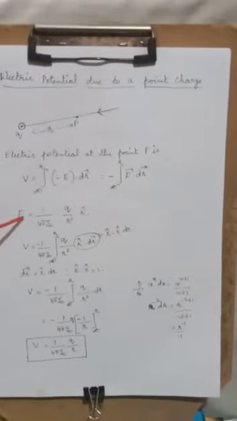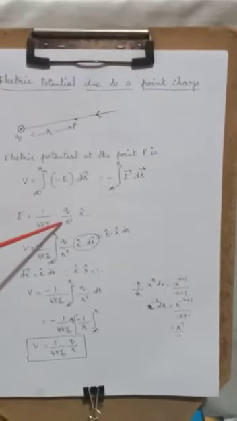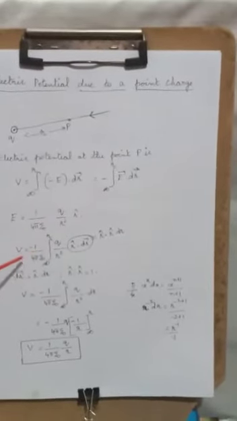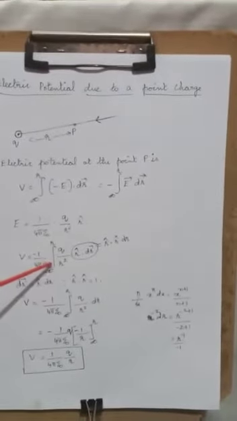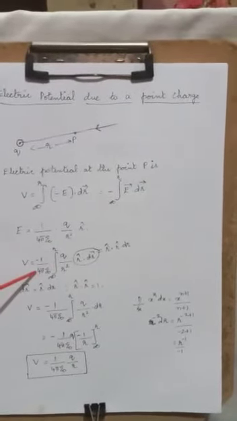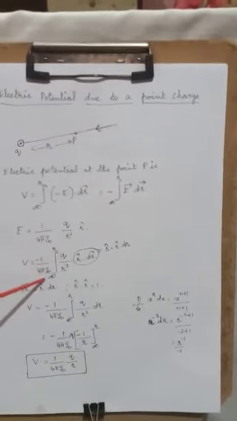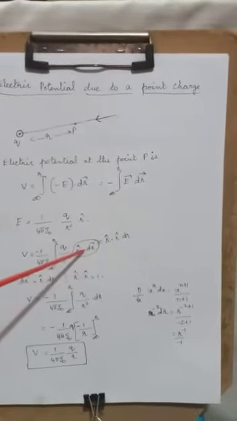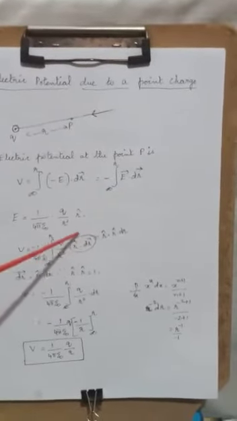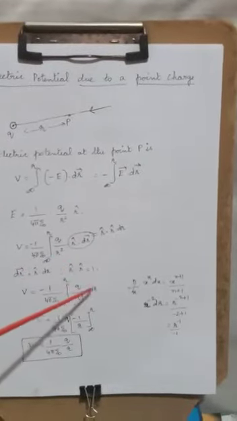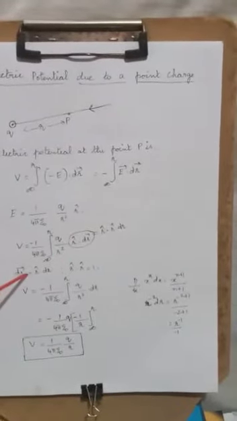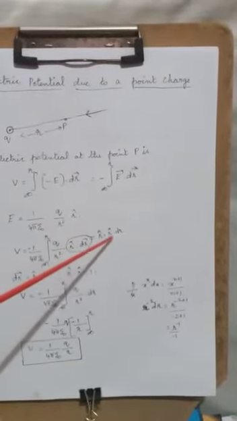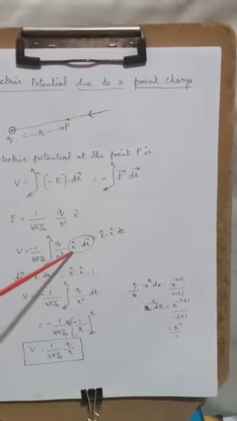And we know that E is equal to 1 by 4 pi epsilon naught Q by R square into R cap. Then you just substitute that in the equation and then you arrive at one expression that it is minus 1 by 4 pi epsilon naught integral infinity to R, Q by R square, and this is R cap into dr vector, wherein that changes to dr because dr vector is nothing but R cap into dr. So in the place of dr vector I can write it as R cap into dr, and already I have an R cap.